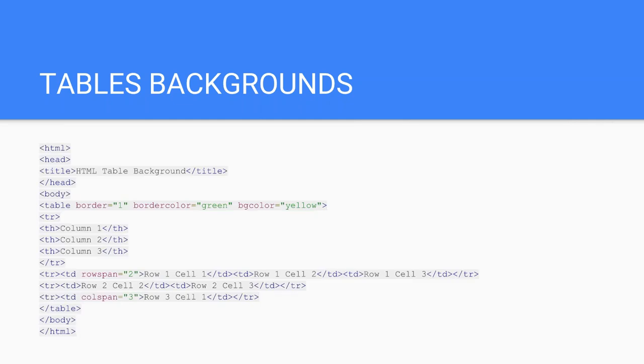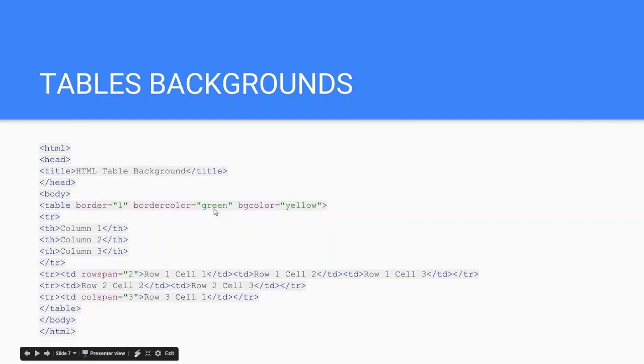Here in this example, we are using the same code that we used for a previous example, but in the table opening tag we are adding two more attributes. Border 1 is common, since we already used this border attribute in the previous example, but we are adding a border color here, that is green, and a background color, which is yellow.